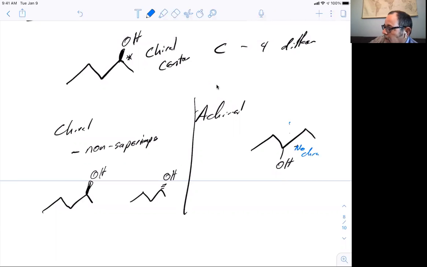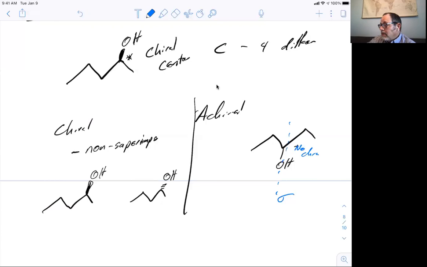And I can also bisect that molecule with a plane. So I can take and bisect the molecule with a plane. In a chiral molecule, I can't bisect the molecule. There's no way to draw a plane of symmetry through a chiral molecule. In an achiral molecule, I can.